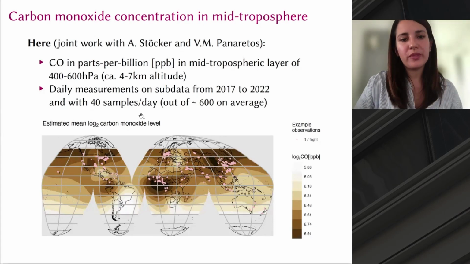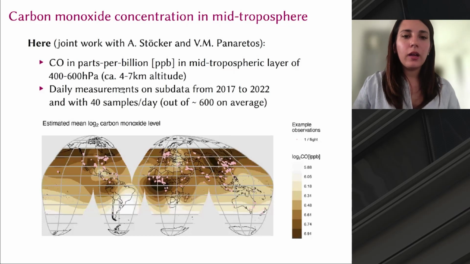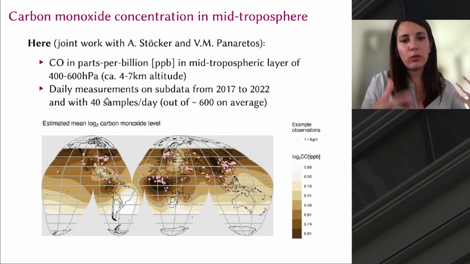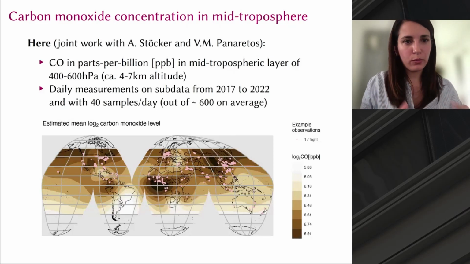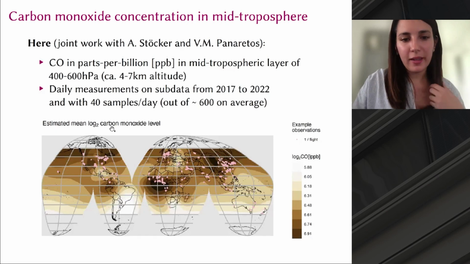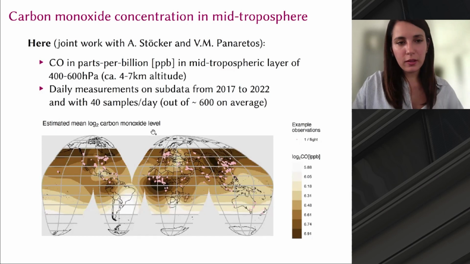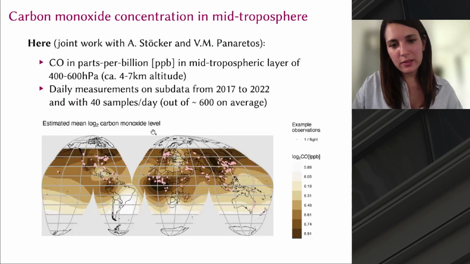And we also subsampled the data daily. So for each day, we take 4 samples, more or less. And we estimated the mean in log 2 scale of the carbon monoxide level. So we first estimated the mean, and this is the result.